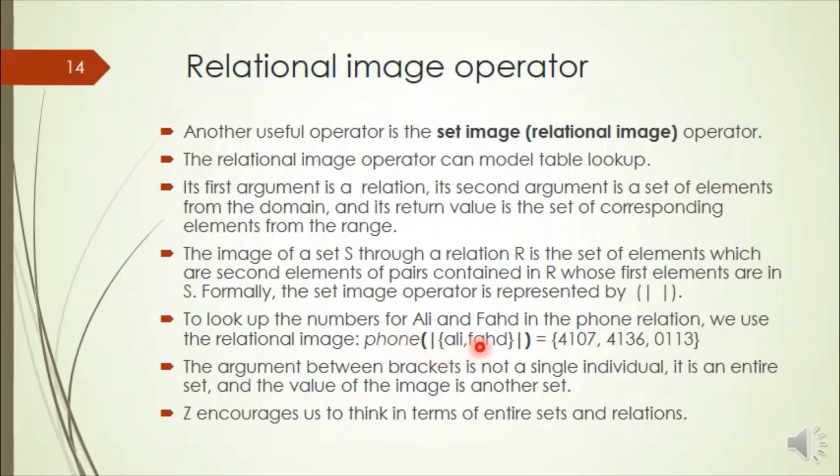Then we input the elements as a set under relation phone and apply this operator, and what we get are the second elements in ordered pairs associated with Ali and Fahad. So these are the return values for the relational image operator.